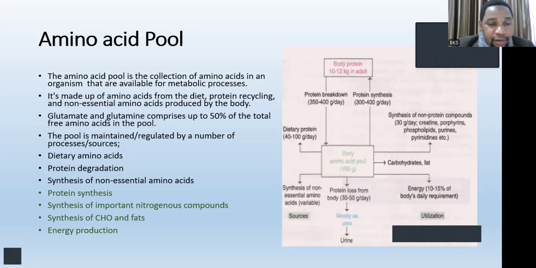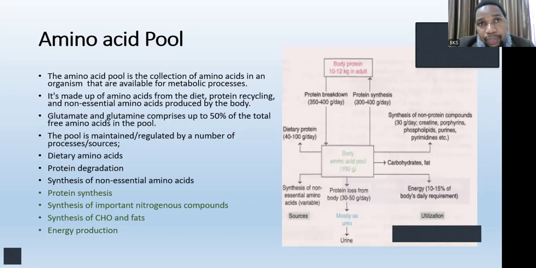Then we have some processes that cause a decrease in amino acids. These processes include protein synthesis, which I've already explained. The second one is the synthesis of important nitrogenous compounds, like porphyrin, phospholipids, myelin, and nucleotide bases, purine and pyrimidine, which contain nitrogen.